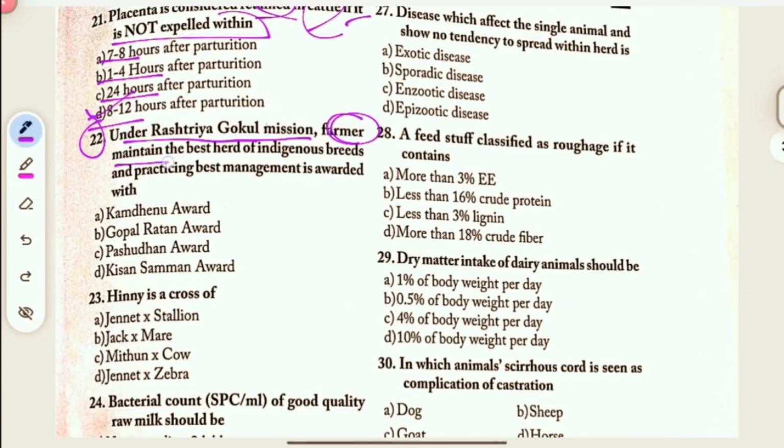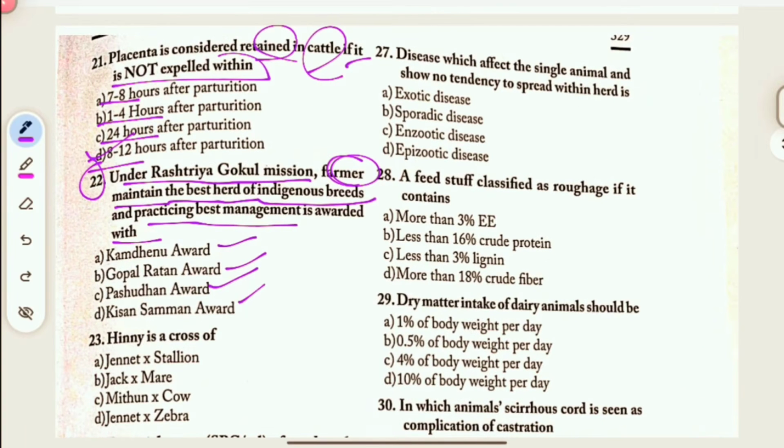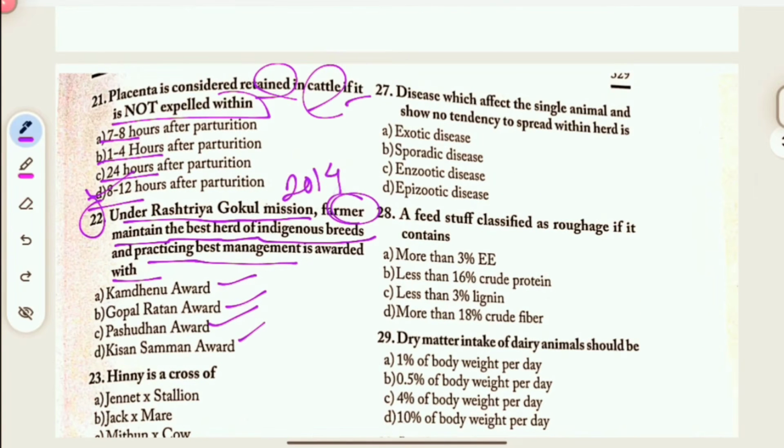A farmer maintaining the best herd of indigenous breeds and practicing best management is awarded with Kamadhenu Award, Gopal Ratna Award, Pashudhan Award, or Kisan Samman Award. This Rashtriya Gokul Mission, which was started in 2014, usually gives 2 awards: the Kamadhenu Award and the Gopal Ratna Award.